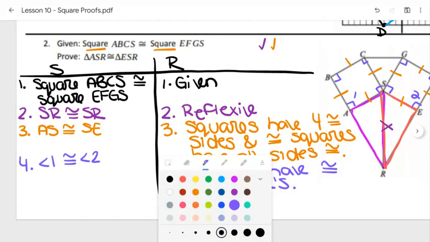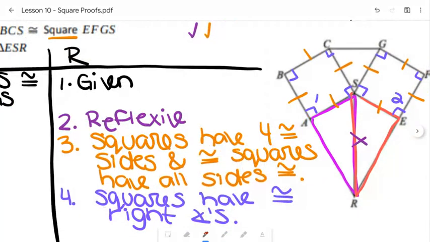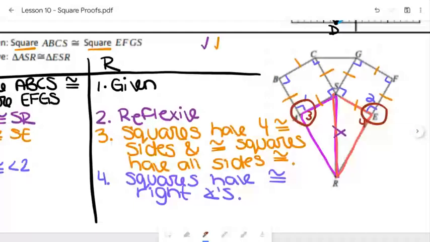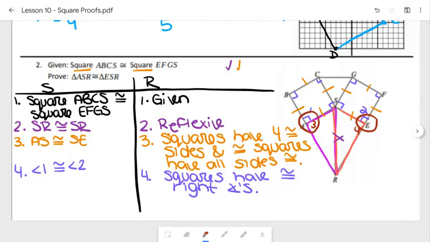But the next part, now this is a little bit of a throwback for us. We have to know that these 2 angles and these 2 angles, they're on a straight line. So we know that angles 3 and 4, they're supplementary because they're angles on a line. And remember, there was a rule that we used back before.